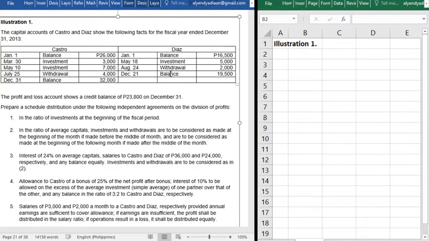Okay, so that is just right. There is no mistake as to the given.